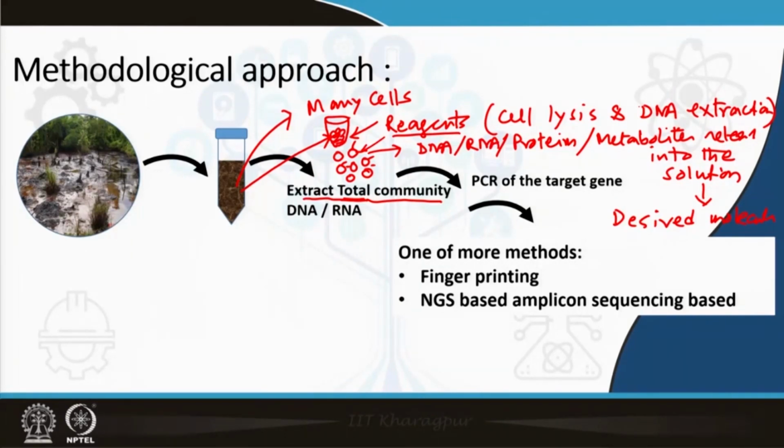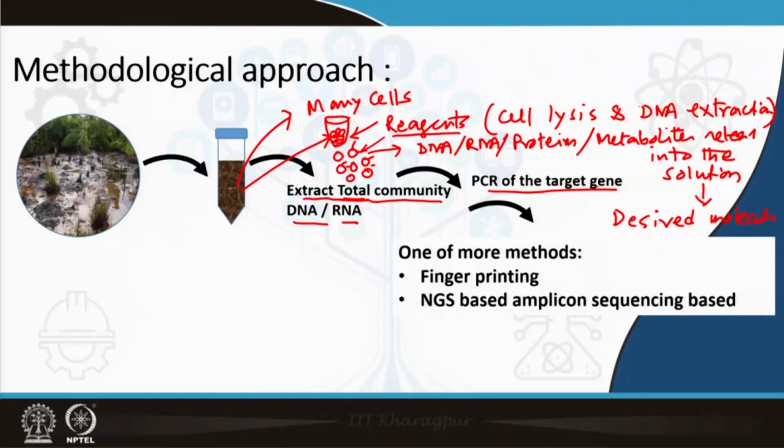And then once we have that desired molecule with us, that is the DNA or the RNA. As I mentioned, if someone wants to work on protein or carbohydrate, that can also be done similarly, but that will be a different process or experiment altogether. So, suppose we have the DNA or RNA, then we will subject this to a PCR reaction, because we want to study a particular gene.